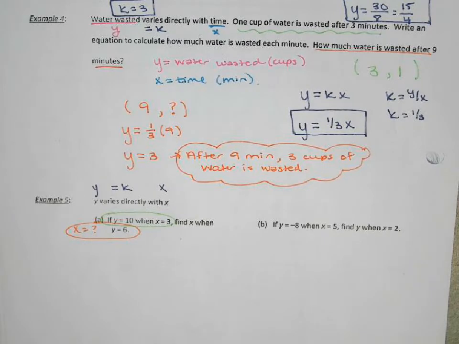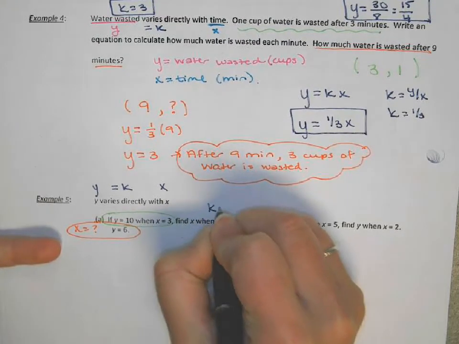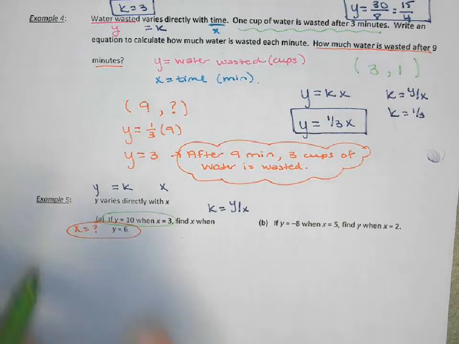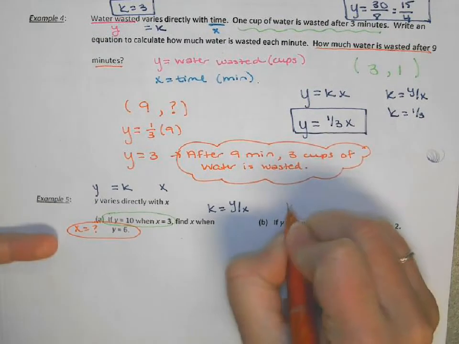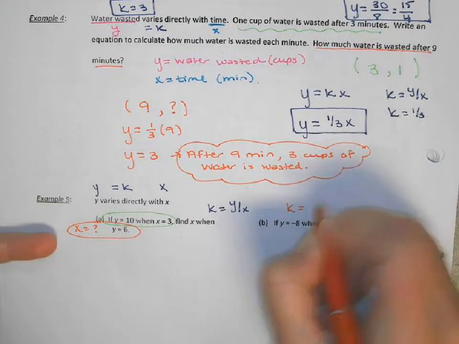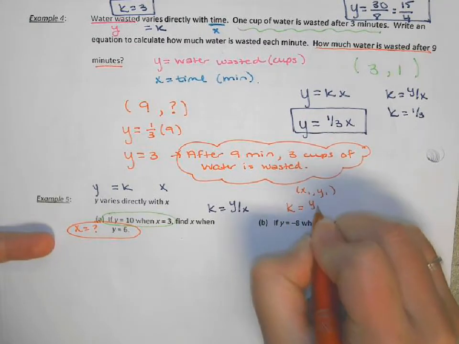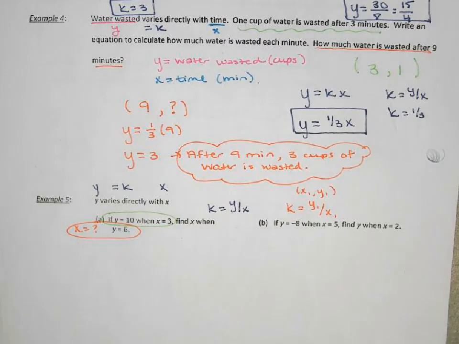Okay? Your k value is always equal to y over x. If I find the k value with an orange point, maybe I have x1, y1, it's still going to give me the k value. Let's say I have a green point.